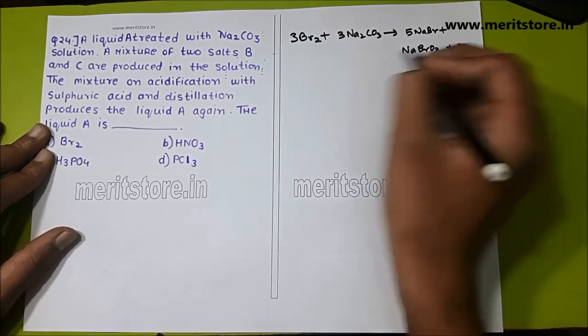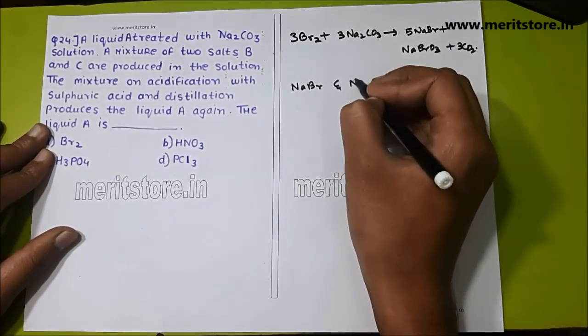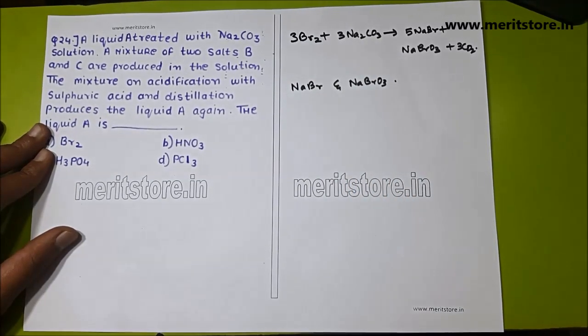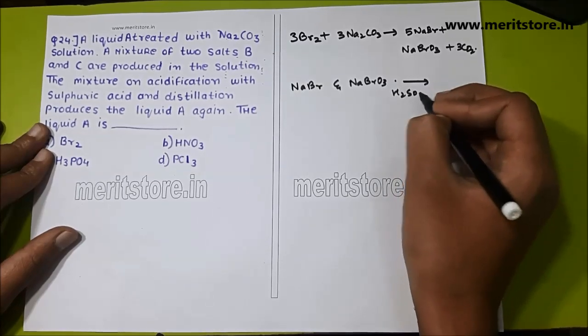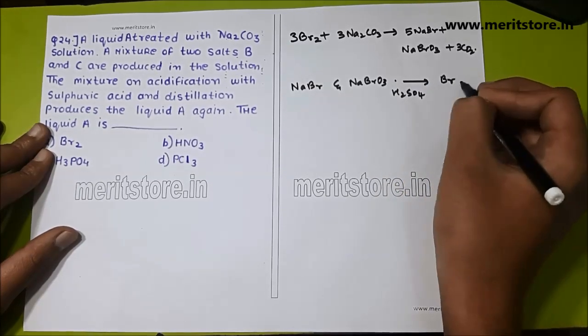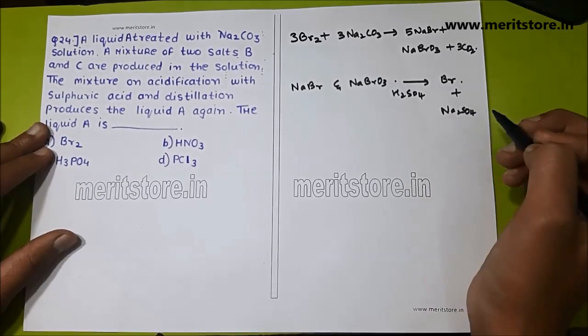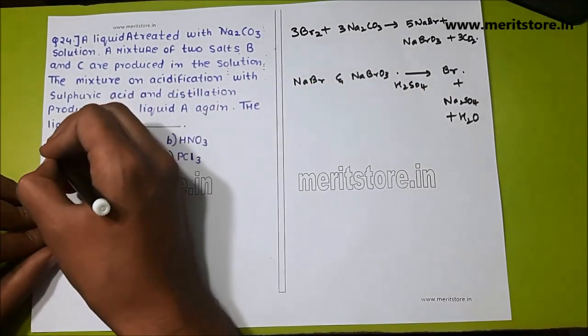The mixture of NaBr and NaBrO3 on distillation with concentrated H2SO4 gives liquid bromine again, plus Na2SO4 plus water molecule. So option A is the correct option.